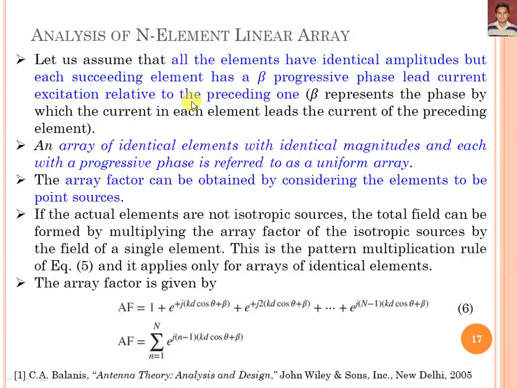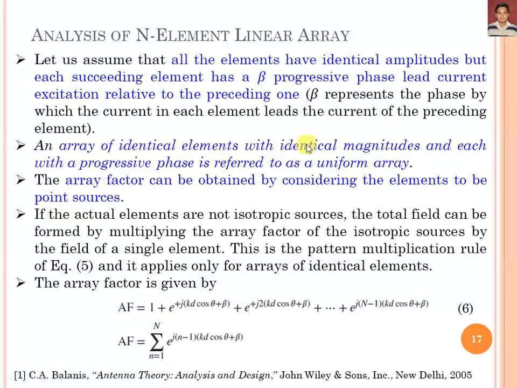We have assumed that all elements have identical amplitude, which is 1, and each succeeding element has a beta progressive phase lead in current excitation relative to the preceding one, from antenna element 1 to antenna element 2, where beta represents the phase by which the current of each element leads the current of the preceding element. So an array of identical elements with identical magnitude and each with a progressive phase is referred to as a uniform array.